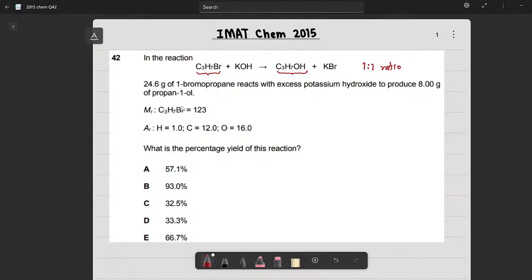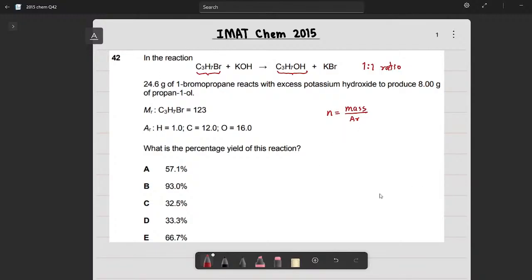So let's begin. We have this given data, and we are going to use it. The main formula we're going to use throughout is that moles is equal to mass divided by Ar or Mr, depending on whether it's an element or a compound.